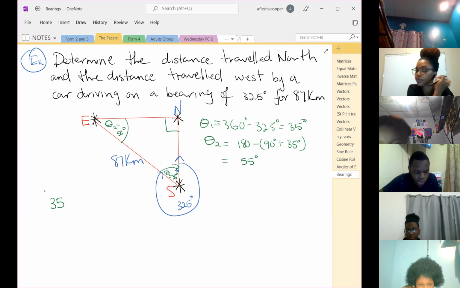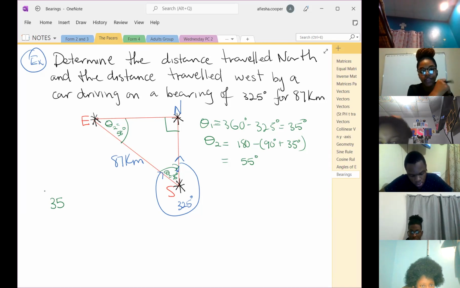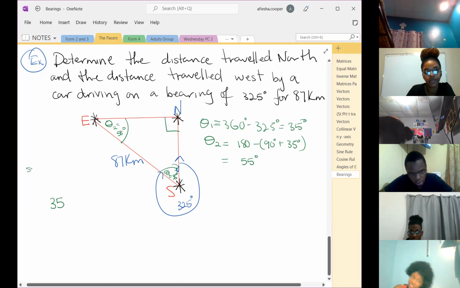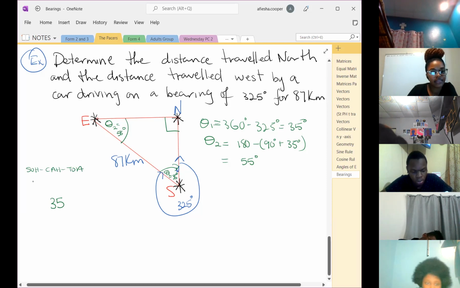SN and EN. Do you have the value of EN? So right now we're using SOHCAHTOA, right? So what two lines would be used to find out the value of NS?